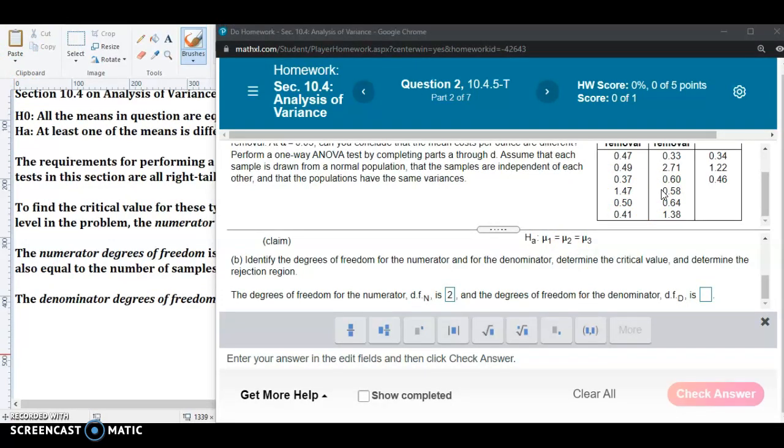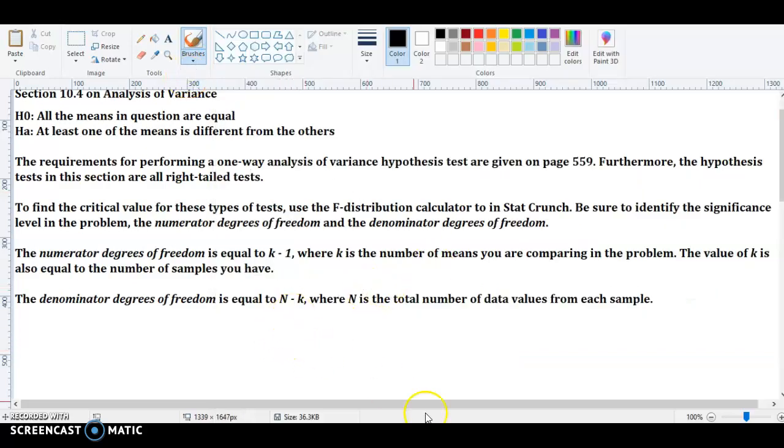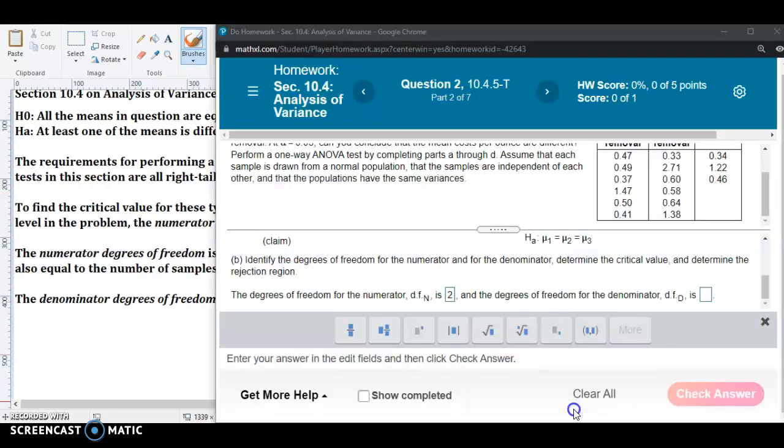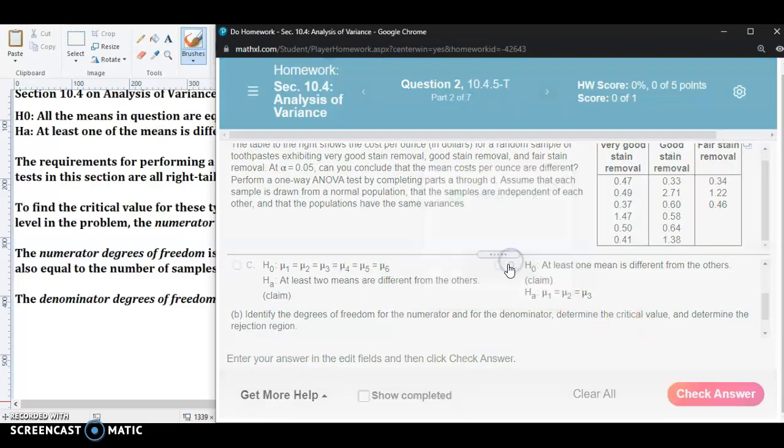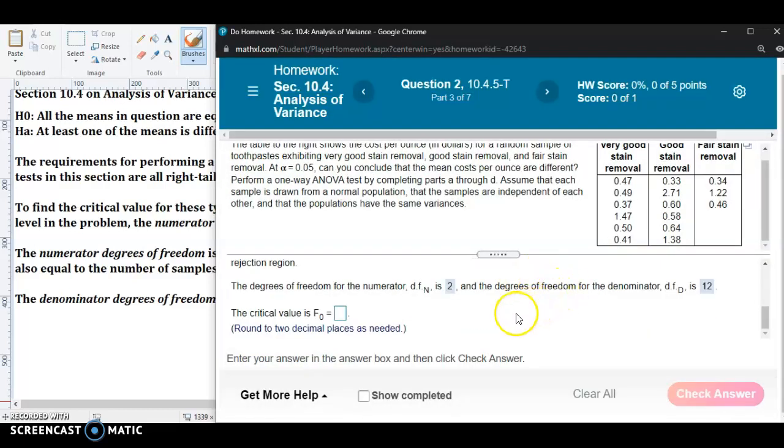So the numerator degrees of freedom would be 15 minus 3, so it would be 12. I meant the denominator degrees of freedom. So the denominator degrees of freedom is 12, so 15 minus 3, which is 12. All right, so based on that information and the level of significance, we're going to calculate the critical value.